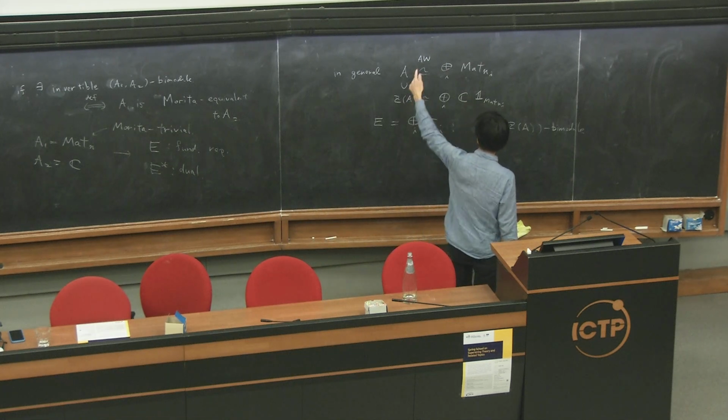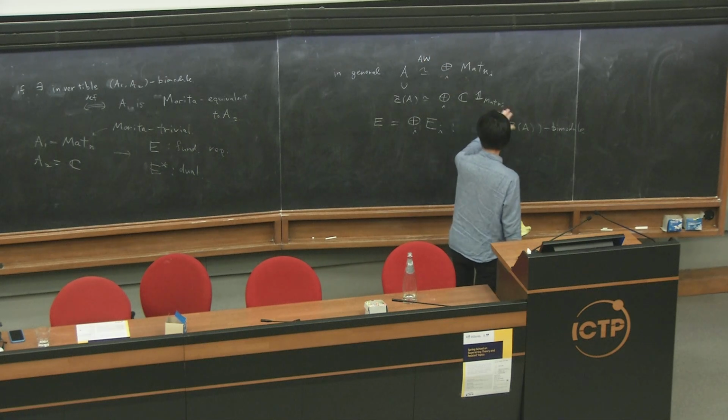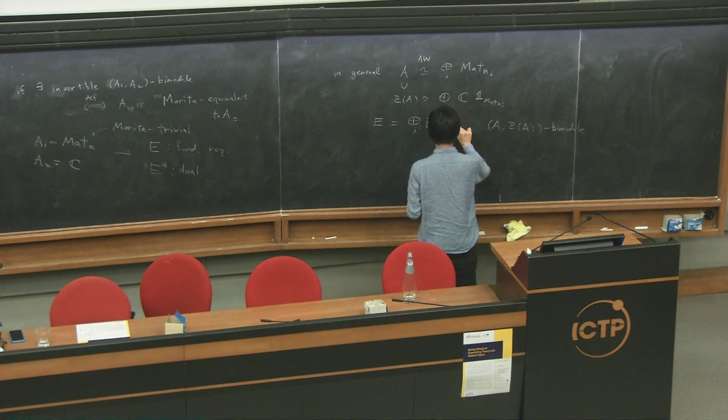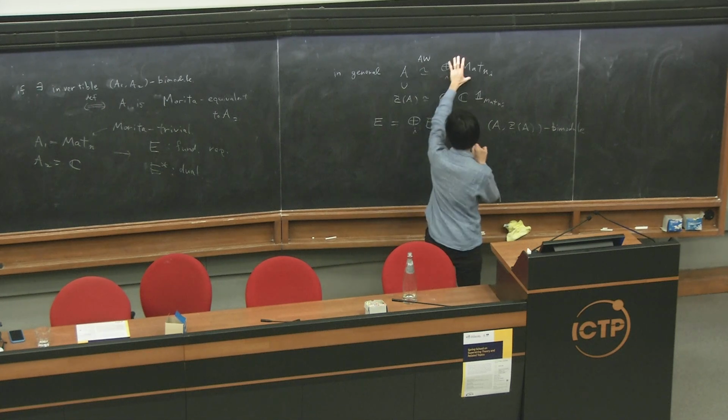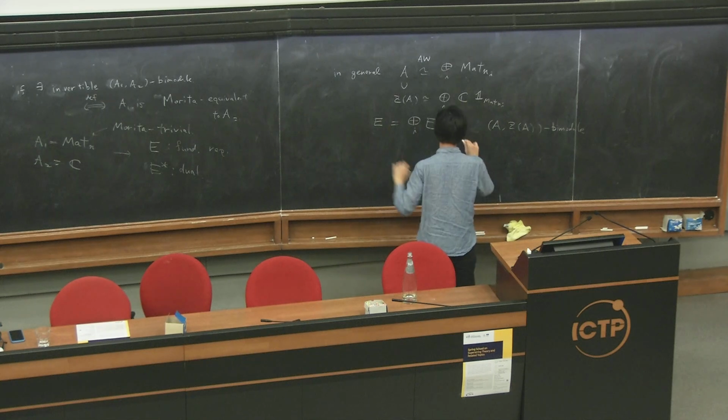The action of the center commutes with the A action because it's the center. This is basically just a direct sum of matrices, so in the same way you see that it is invertible.